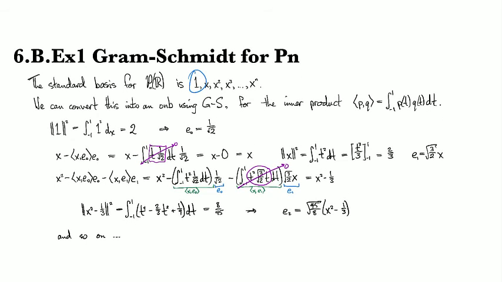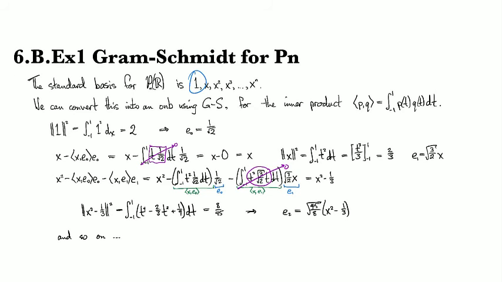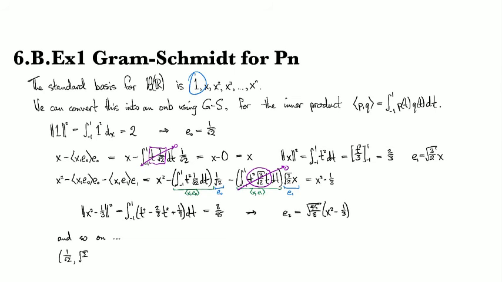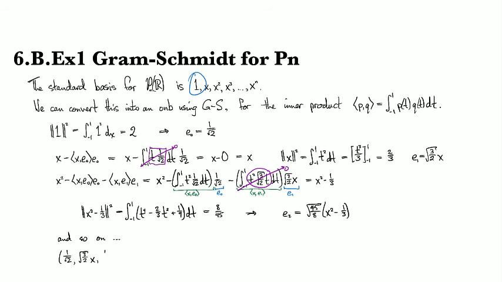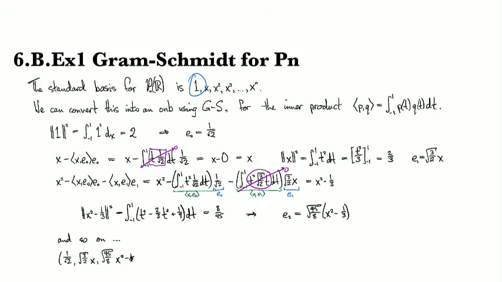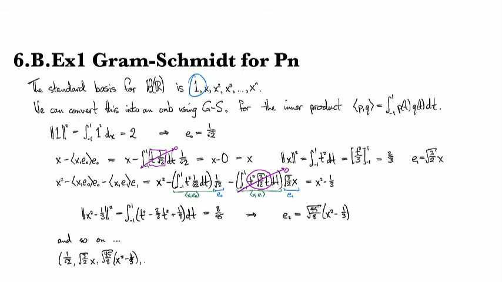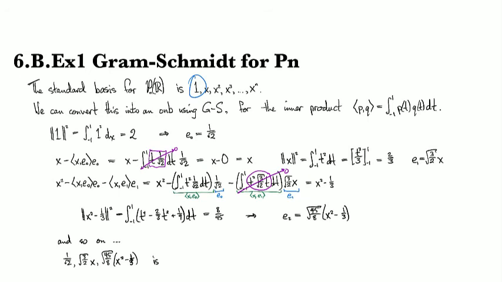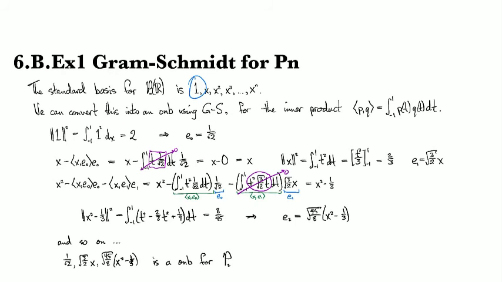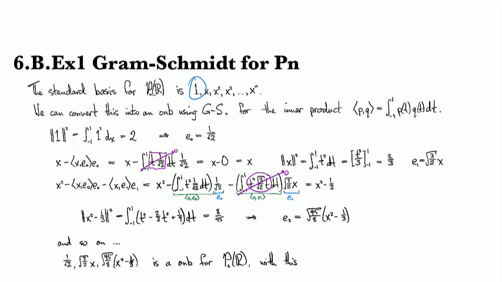So the functions that I got here, 1/√2, and then √(3/2) x, and then √(45/8) times x squared minus 1/3, are an orthonormal basis for P2 with this inner product.